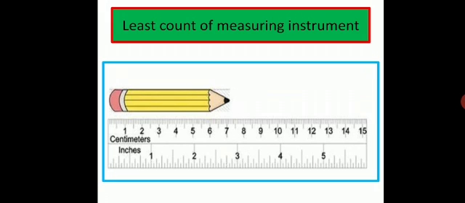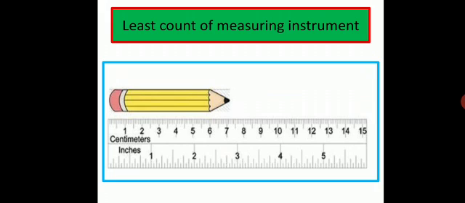Now suppose, in the example we have just seen, the length of the pencil is measured as 7 centimeter. You will always write it as 7.0 centimeter. Why? Because the least count of this particular scale which you are using for measurement has only 1 decimal place. Keep this in mind.